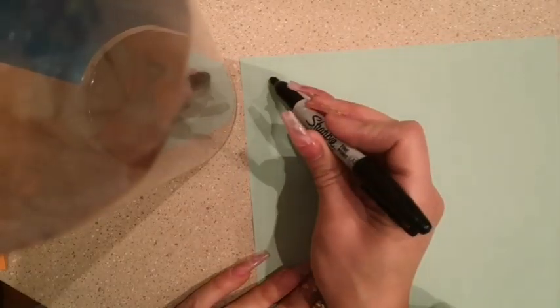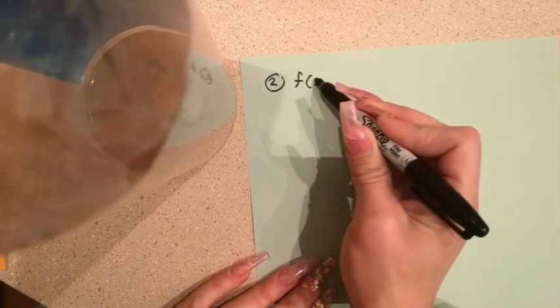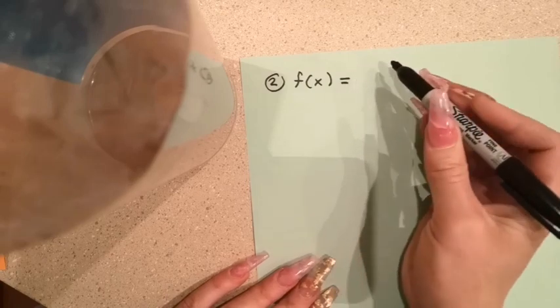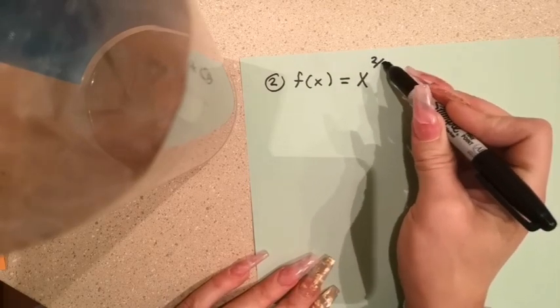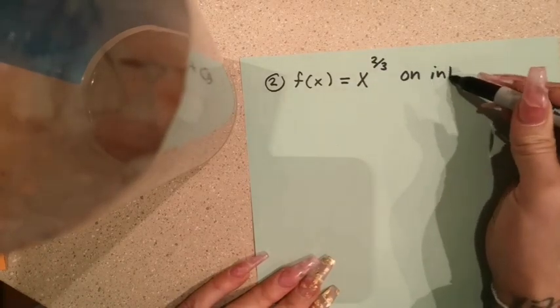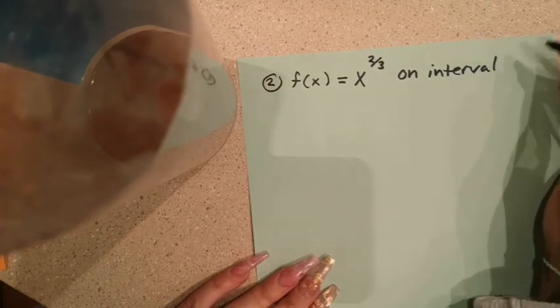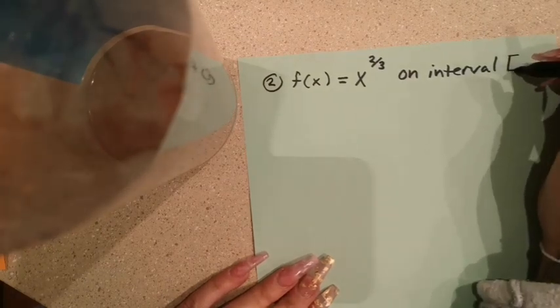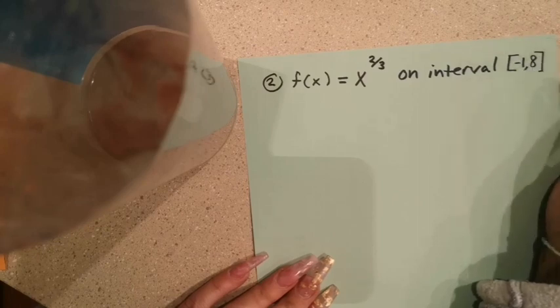So what about number 2? Let me look at something like f(x) = x^(2/3). But let me look at this specifically on the interval, in other words for x's between -1 and 8.